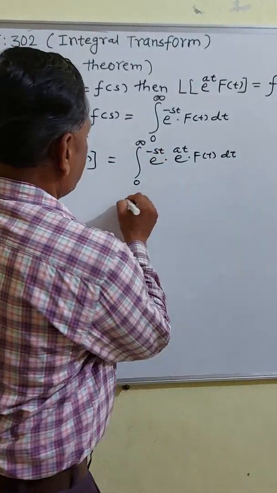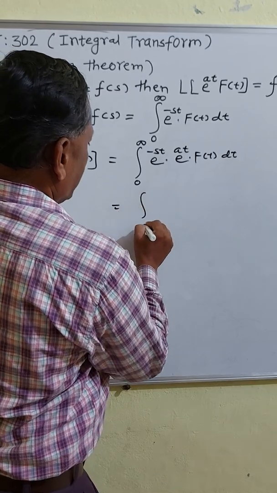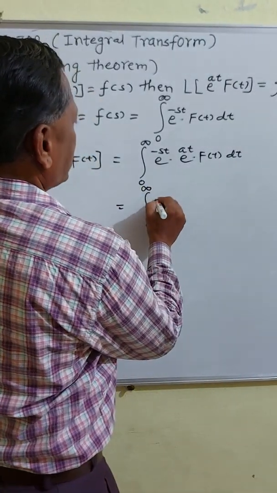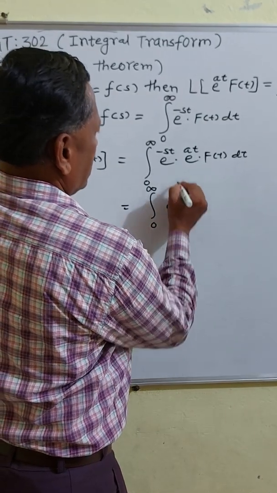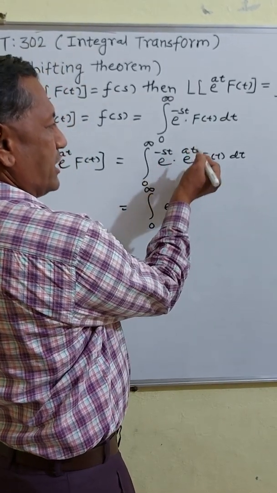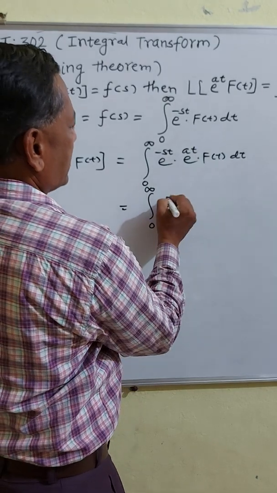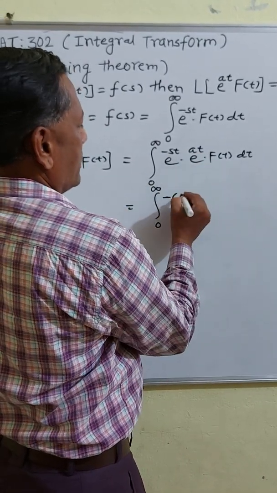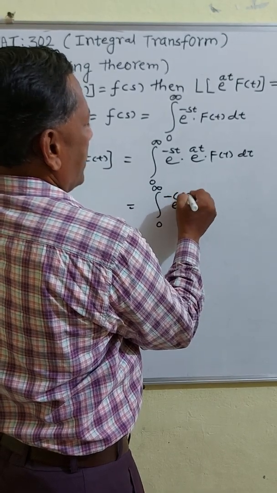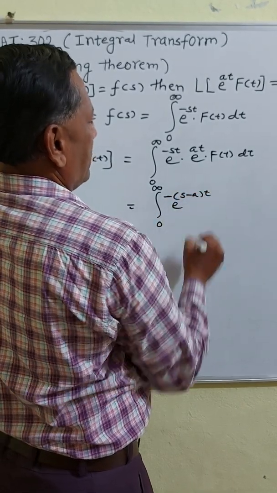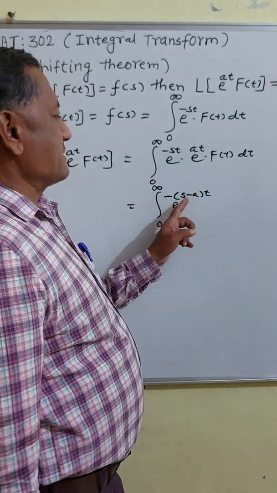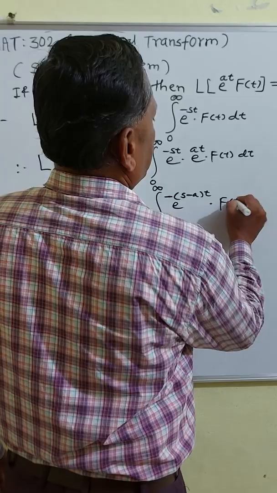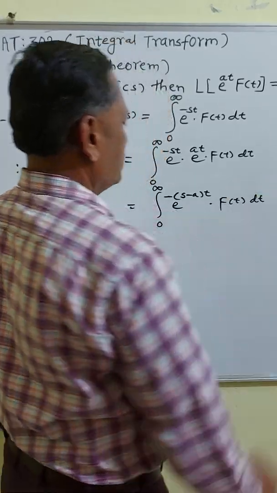Again this can be written as integration going from 0 to infinity e raised to minus st into e raised to at. This can be written as e raised to minus s minus a into t, into f of t dt.